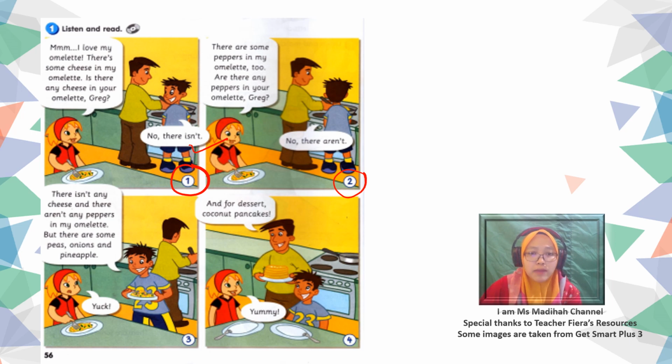Are there any peppers in your omelette, Greg? No, there aren't. There isn't any cheese, and there aren't any peppers in my omelette. But there are some peas, onions, and pineapples. Yes. And for dessert, coconut pancakes. Yummy.